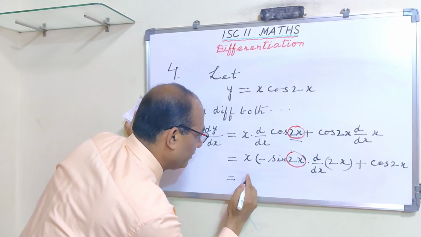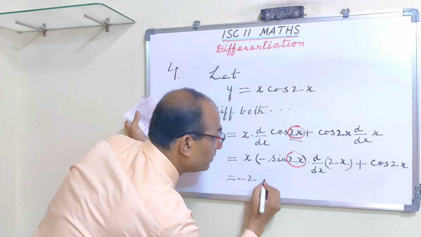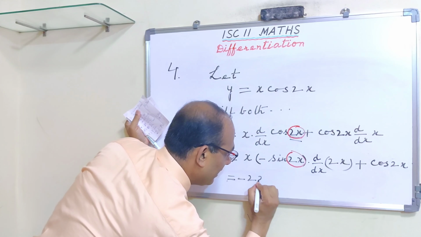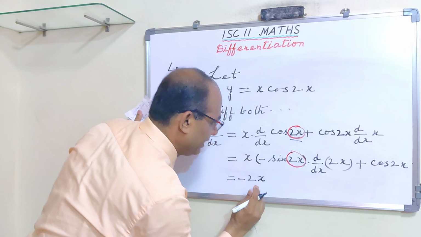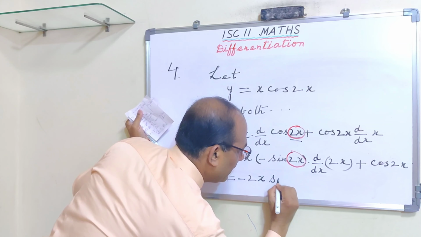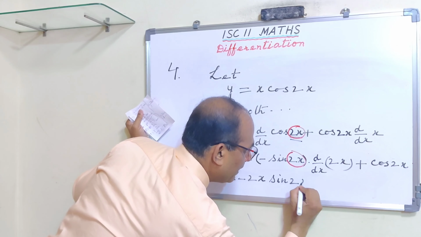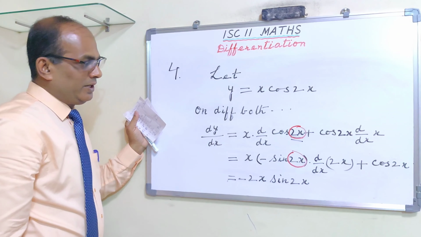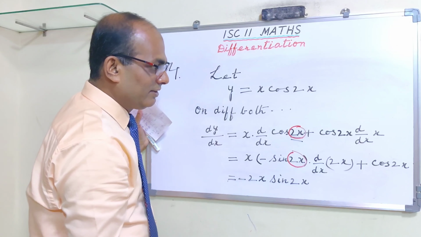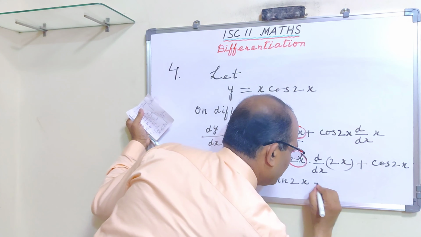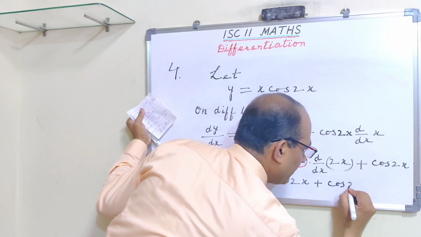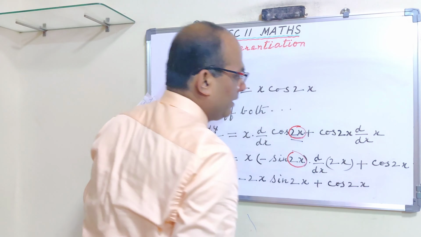Tell me, yes or no? So minus 2 sin 2x. This 2 comes here: minus 2x sin 2x plus cos 2x.